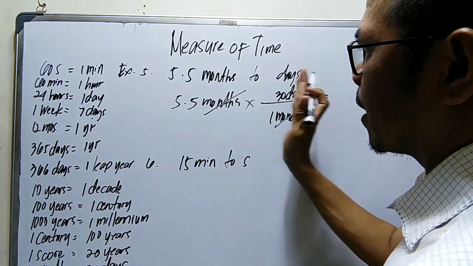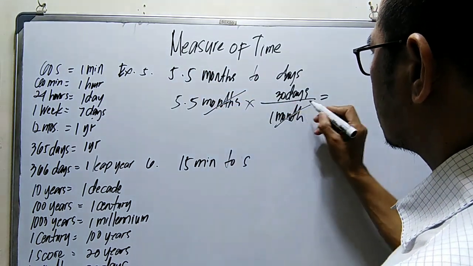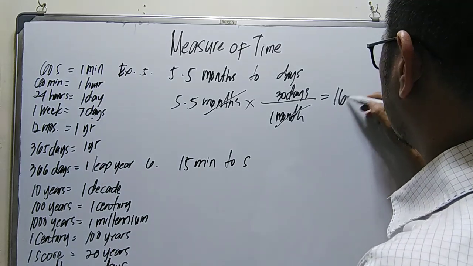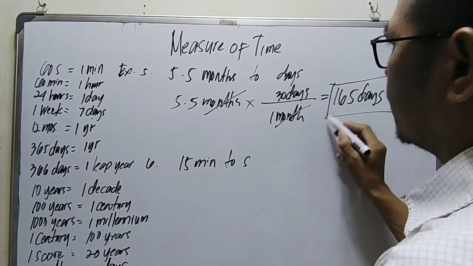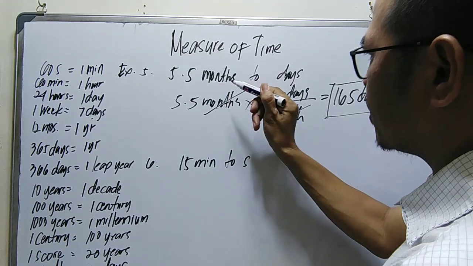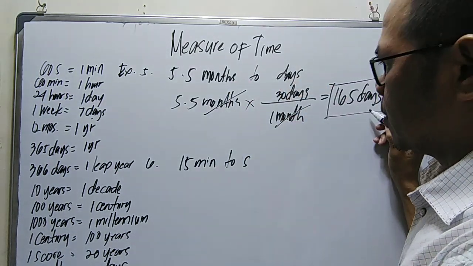So, i-multiply na natin yan. So, 5.5 times 30 days, that is equal to 165 days. Okay? Therefore, 5.5 months, that is equal to 165 days.